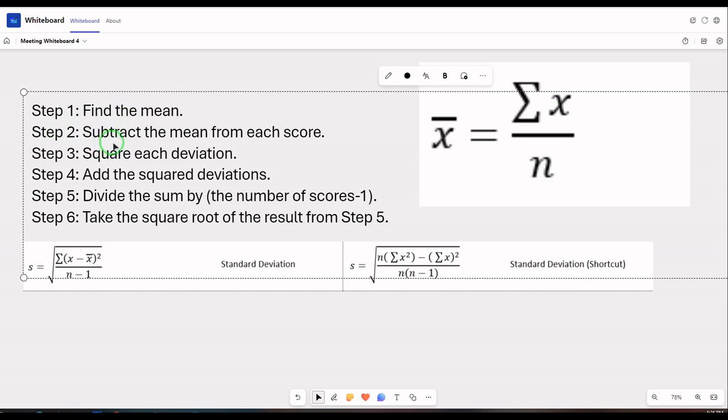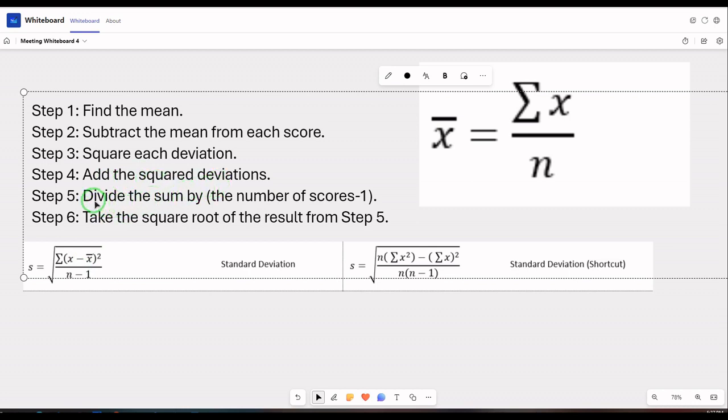Then for the second step, you subtract the mean from each data point or each score. This is x minus x bar. In the next step, you square each deviation. What I mean by deviation is x minus x bar. After calculating each deviation, you raise it to the power 2. Then you sum the squared deviations.